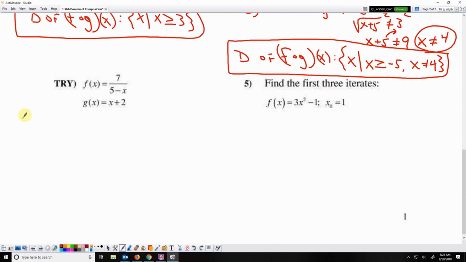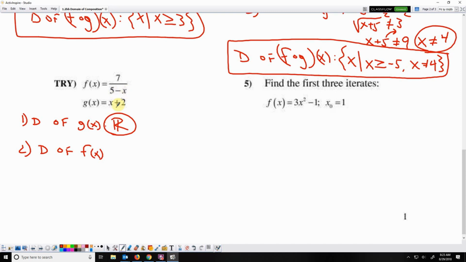So for our next one, the domain of the inner function, g of x. No variable in a denominator or a radical, so that's all real numbers, and I'm going to circle it because I will use it in my final answer. Step 2, the outer function.